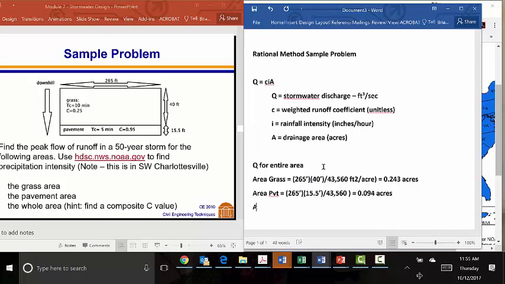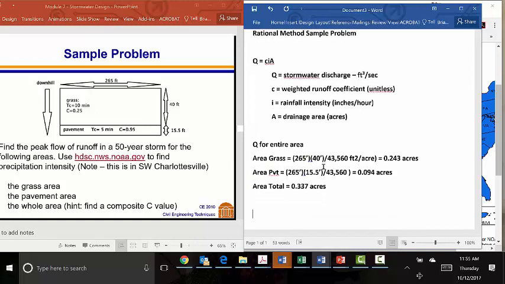And then the total area therefore will be equal to 0.337 acres.